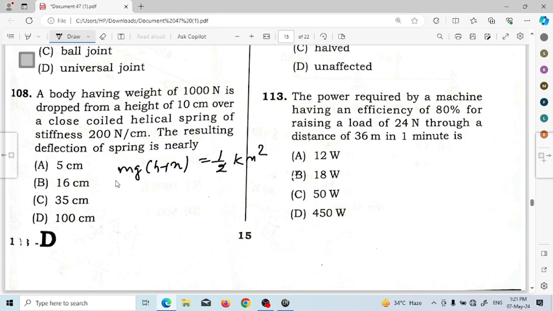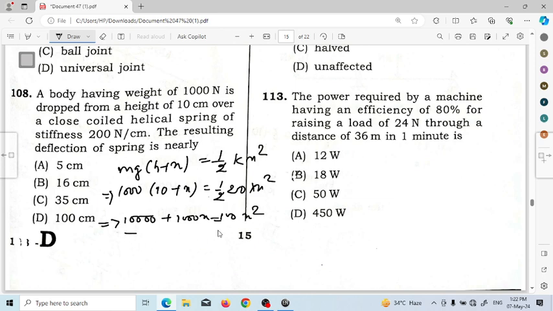So putting in all the values, the weight mg is 1000, the height is 10 centimeter, and x is the deflection we have to find, and the spring stiffness is 200 Newton per centimeter, and x square we have to find. So 1000(10 + x) is equal to 100x square. This is the equation we have to solve.